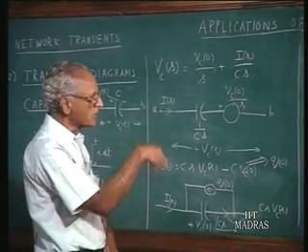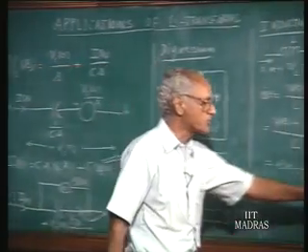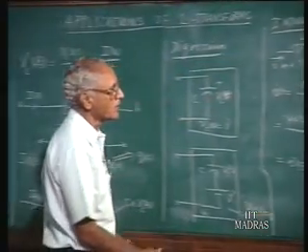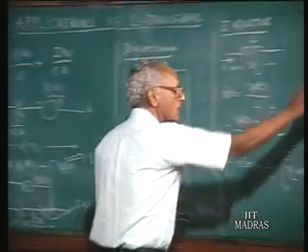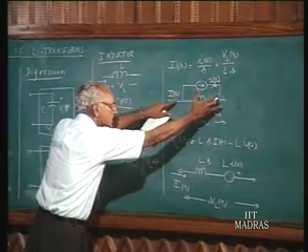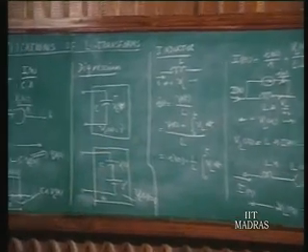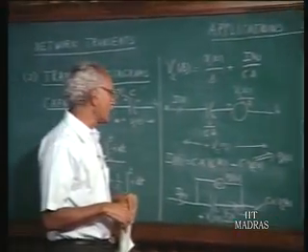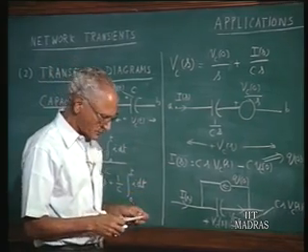For example, if you are using the loop current basis, then you would like to reduce the number of loops, so a voltage source representation may be favorable. On the other hand, if you are using the node voltage method, a current source like this keeps the total number of nodes at 2 here, whereas it will be 3 otherwise. So in that situation you may find the use of the current source more favorable. That, of course, depends upon the particular problem.